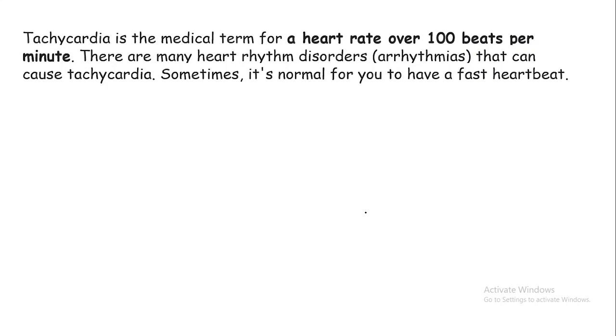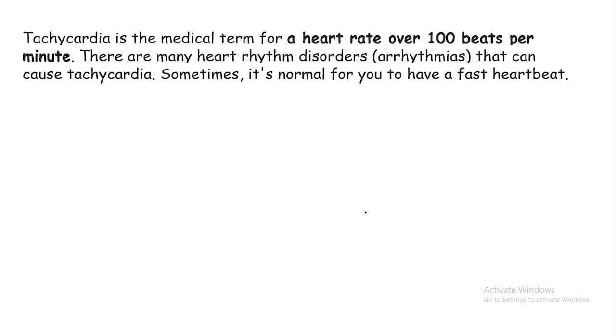Tachycardia is a medical term for heart rate over 100 beats per minute. What did we see was a normal heart rate? Per minute, the heart should beat 72 to 75 times. In case that increases to above 100, that condition is not normal and it is called tachycardia. There are many heart rhythm disorders that can cause tachycardia.